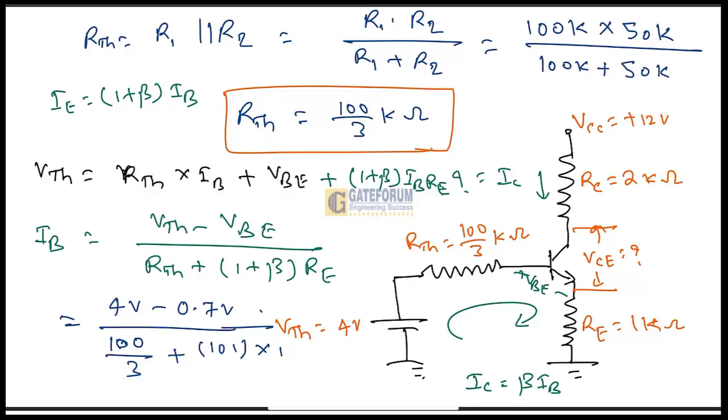So now the order will become milliampere, because this kilo goes to the numerator, so it becomes 10 raised to minus 3. So we can substitute milli, so that the order of this IB will become milliampere.